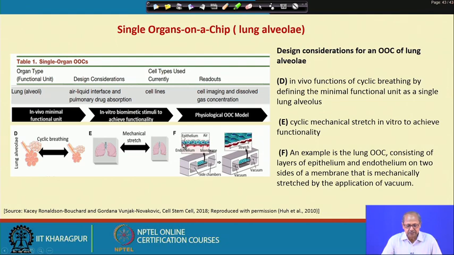So, in the microfluidic system, this is a porous, biocompatible, stretchable membrane. On the upper side of the membrane, epithelial cells are cultured, and on the bottom side, endothelial cells are cultured.